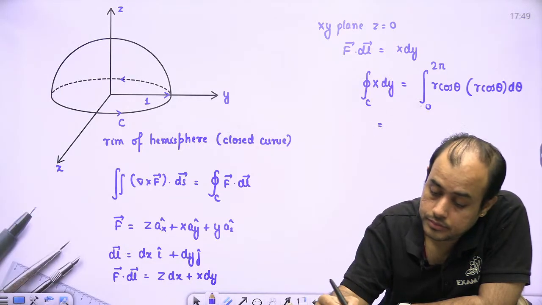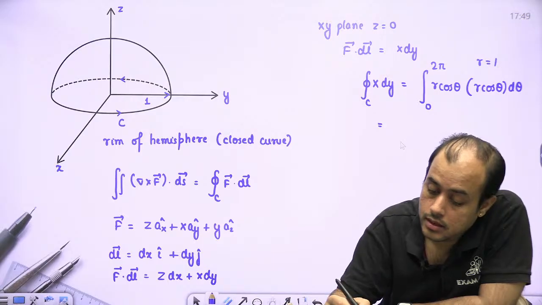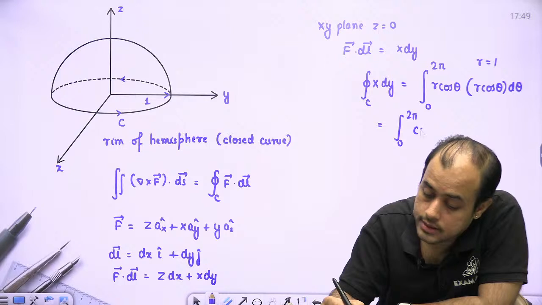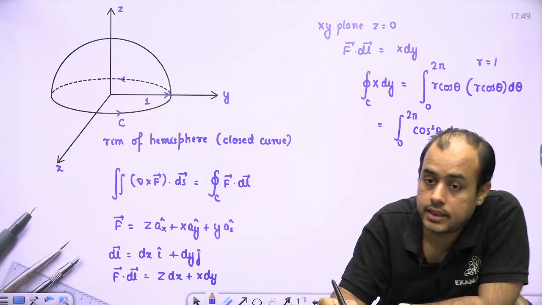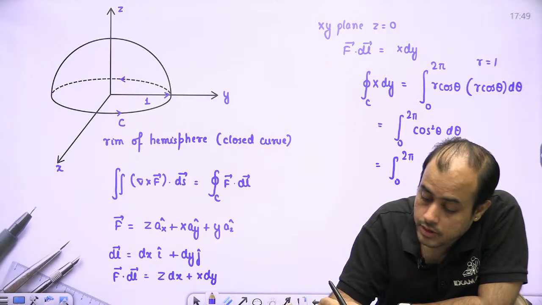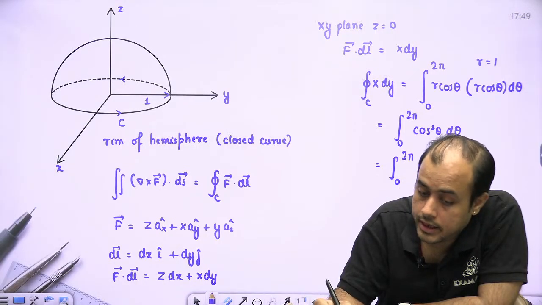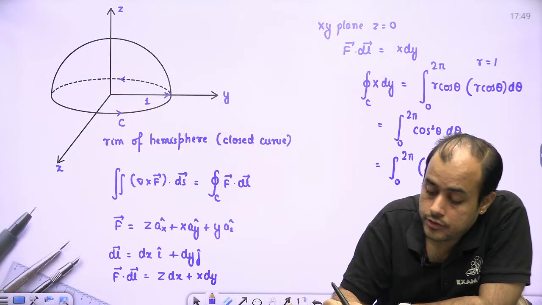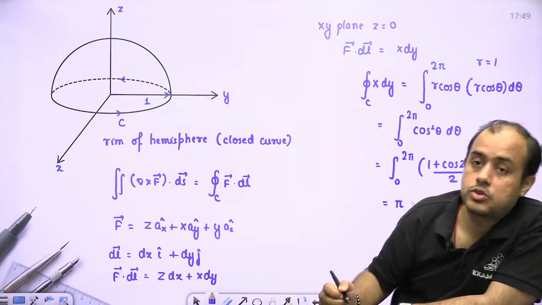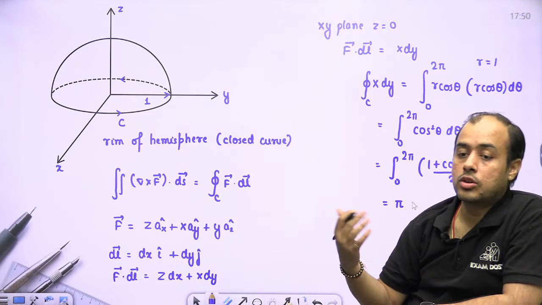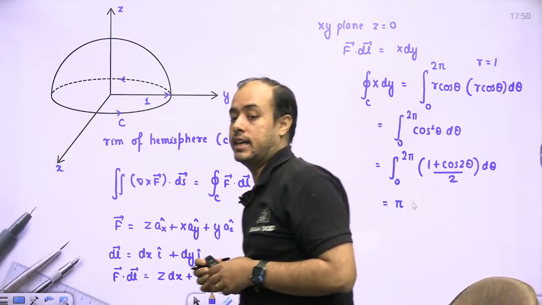So cos square theta d theta, (1 plus cos 2 theta) by 2. So integration of 1 by 2 will be pi, cos 2 theta will be 0. तो ऐसे पाई आ गया. तो कई बार ना स्टोक्स थ्योरम में उल्टा भी हम लोग चले जाते हैं.